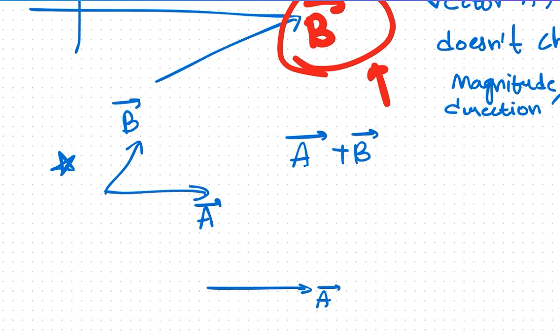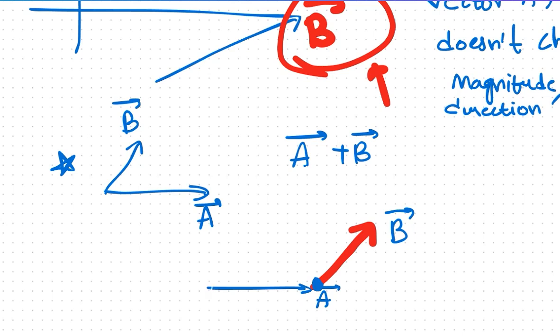Well, that is one way, but we have actually moved this onto the right side, like this, so that there will be an order. The head of the first vector matches with the tail of the second vector.